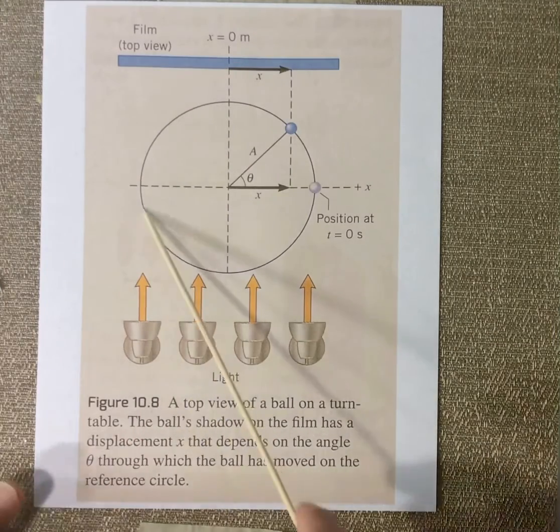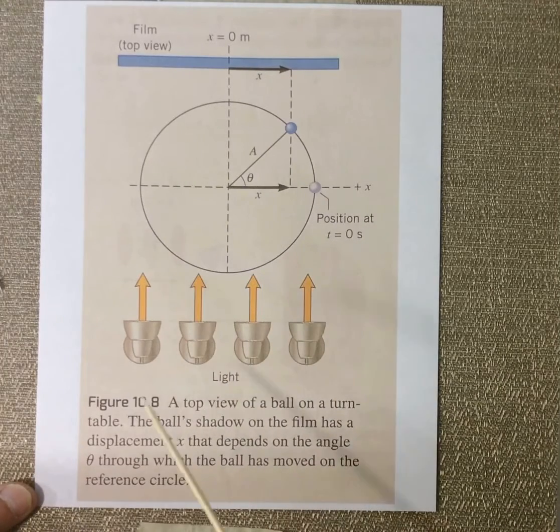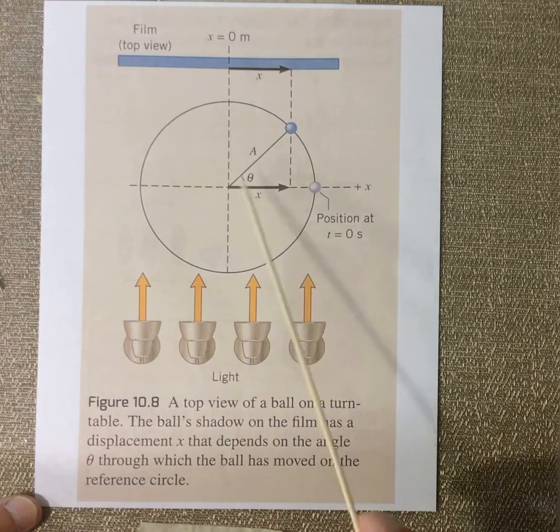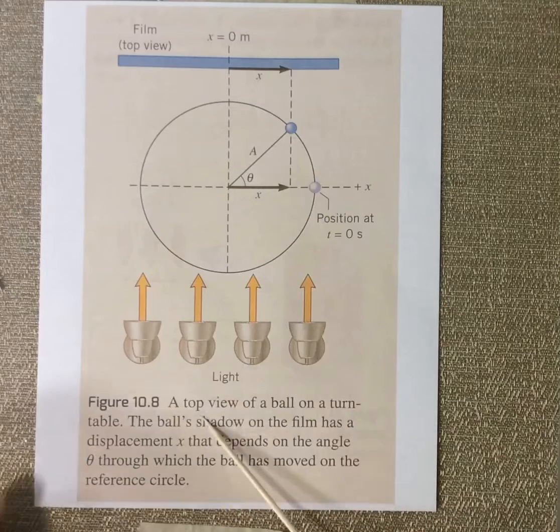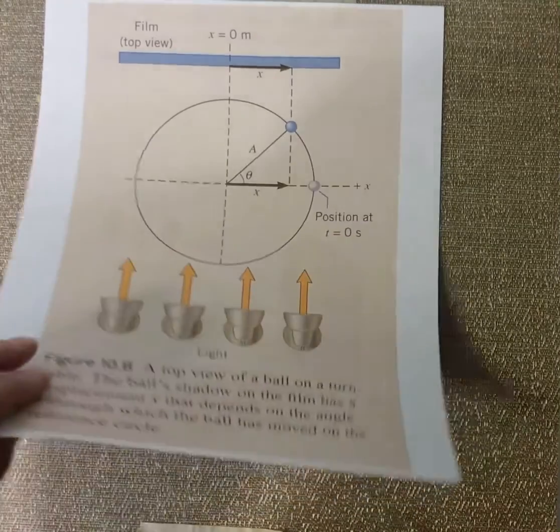So we are using this as a circle, and then from here you could see how to calculate displacement, how to calculate velocity also. This is for the velocity. It's a very clear picture.